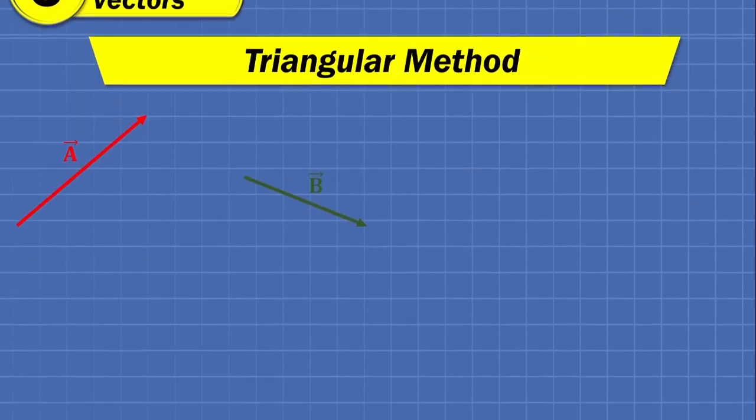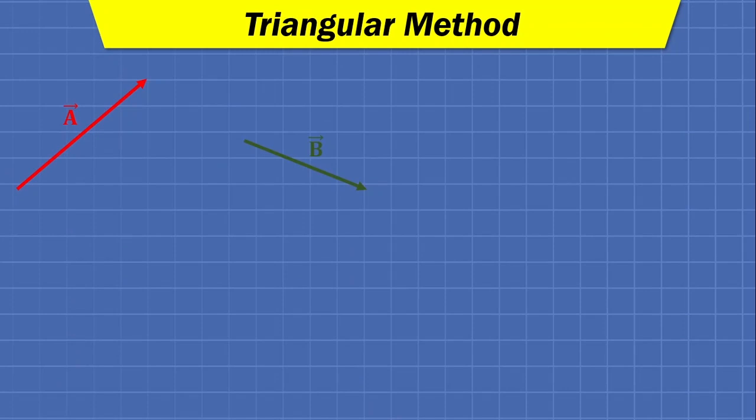So first we will see triangular method. Now suppose two vectors are there with us in a plane. So vector a bar and b bar is there. Now if we want to add a bar with b bar, then what will we do? We simply take the b bar and put its tail on the head of a bar.